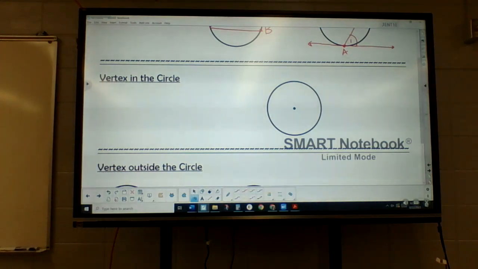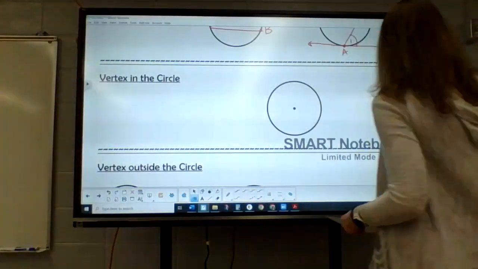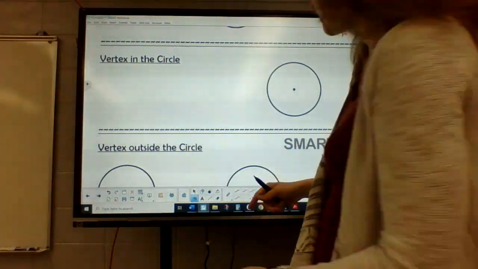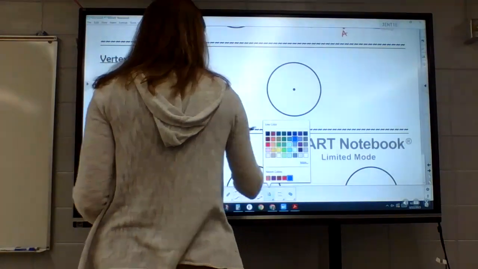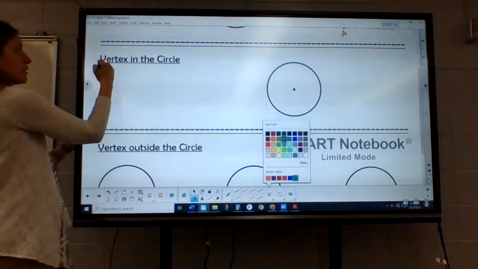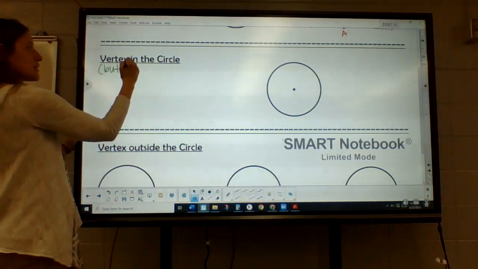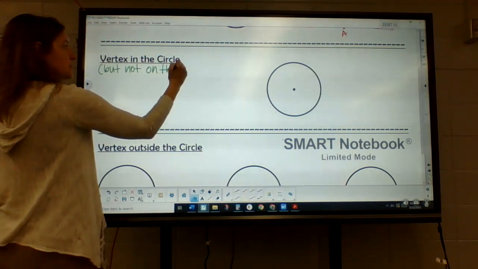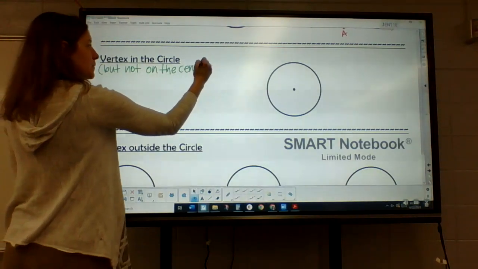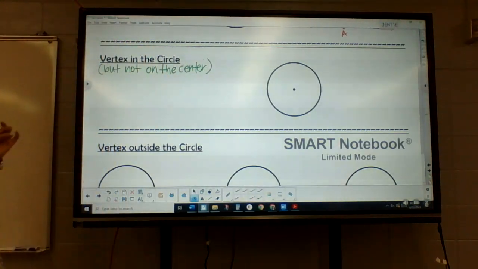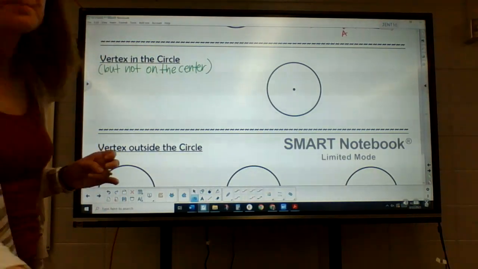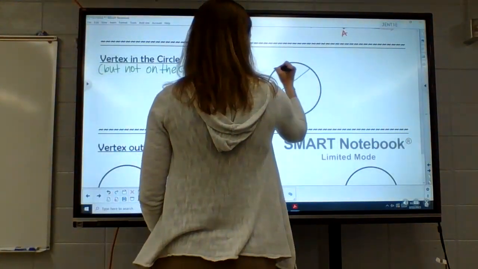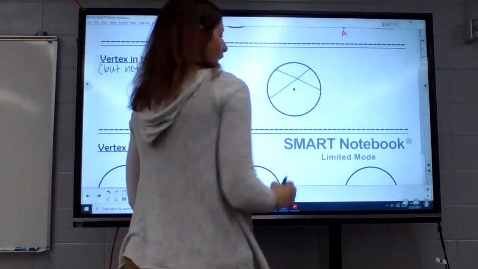All right, our next one here. We're going to talk about when the vertex is in the circle, but it's not at the center. Because if it's the center, then we go back to our rule up on the top. So what we're going to do is draw an X in this circle.